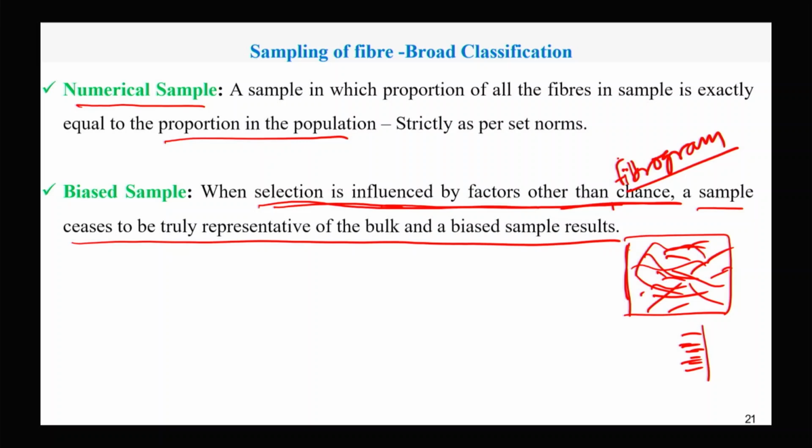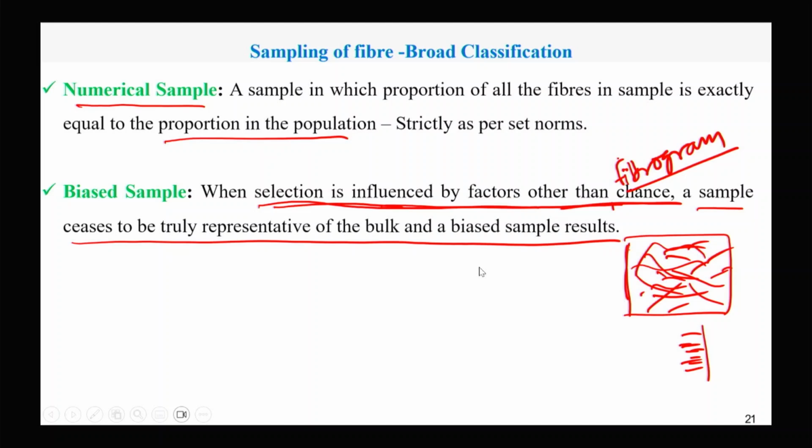That means, I'll just explain. So this is called biased sampling. So if we take the longer fiber specifically from here, that means long fiber proportion is coming out and short fiber proportion is increasing in the remaining bulk. So this is actually not numerical sampling.